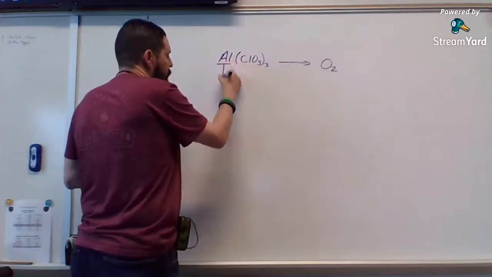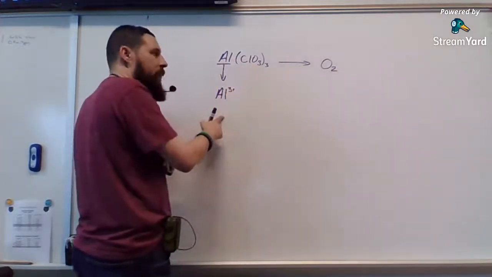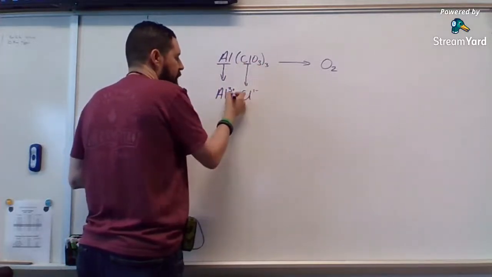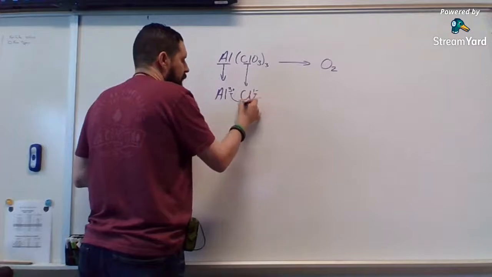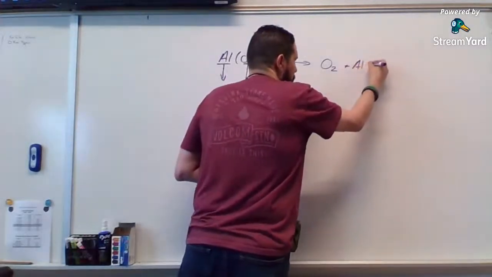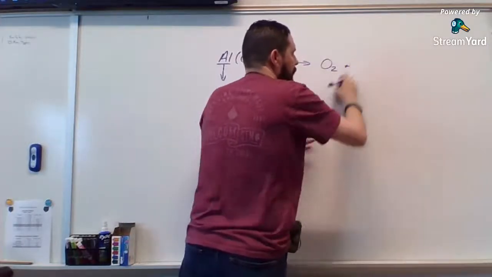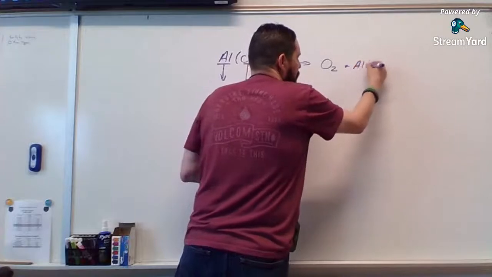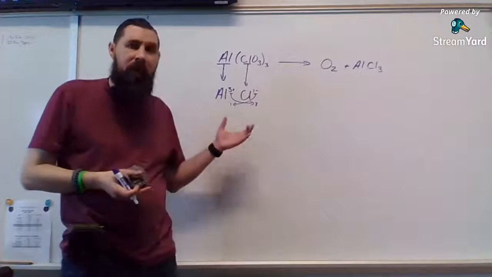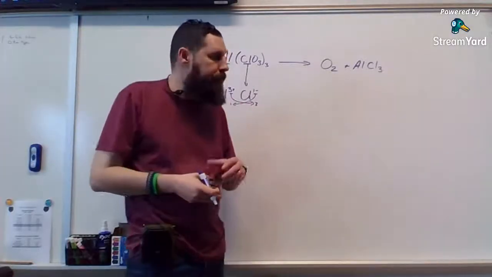Then I'm going to take my metal component, in this particular case aluminum, which should have a 3 positive charge, combine it with my chlorine as a 1 negative charge by crossing down, and I get AlCl3. Sorry, probably shouldn't write that in cursive. AlCl3, my aluminum chloride. So this is the decomposition of metal chlorates.